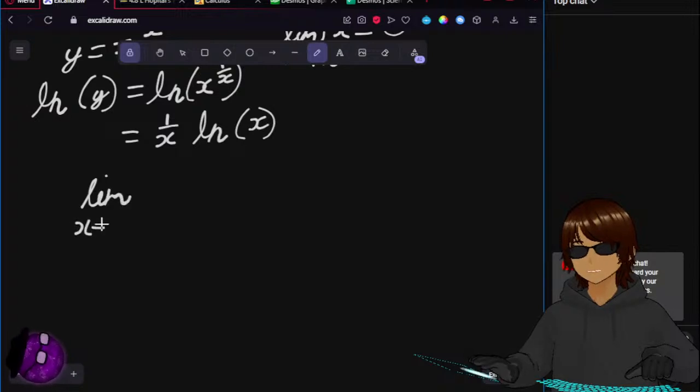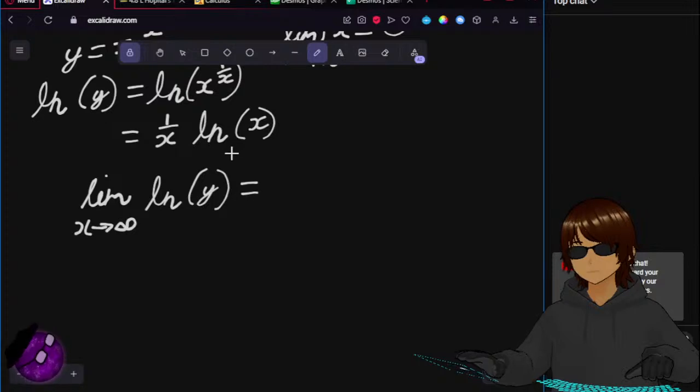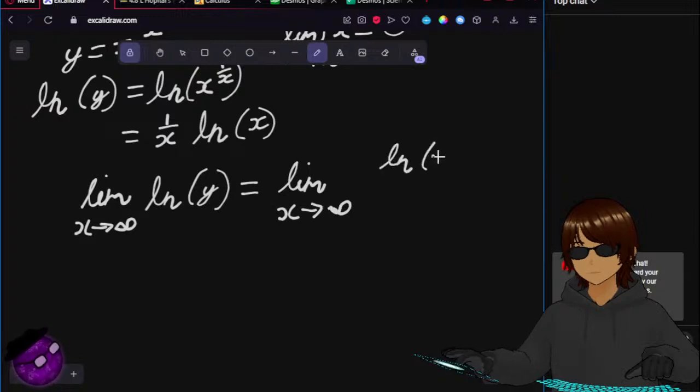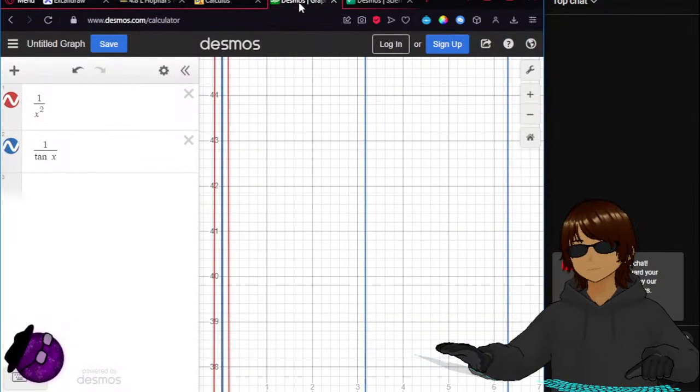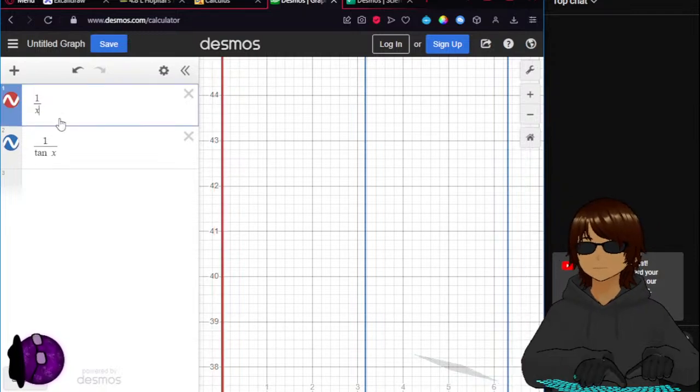So for this, the limit as x approaches infinity of ln of y is the limit of ln of x over x.